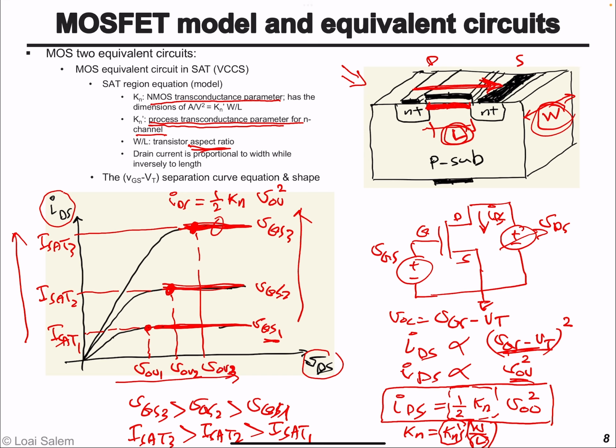If we look at this region, the current at this point, IDS, is governed by this relation. So essentially, we'll find the boundary between the triode and the saturation region is given by this quadratic dashed line, which is basically half Kn V overdrive squared.